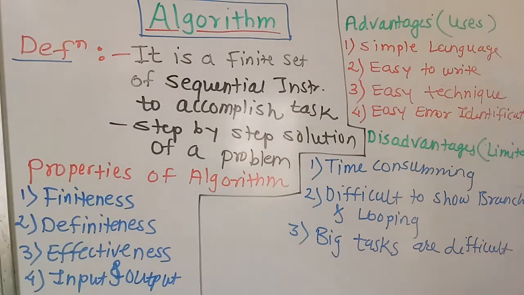For example, we will take one example and try to correlate it with the algorithm. Suppose you have to write a program to add two numbers. Before starting to write the program directly in programming terms, you will try to think about that problem.